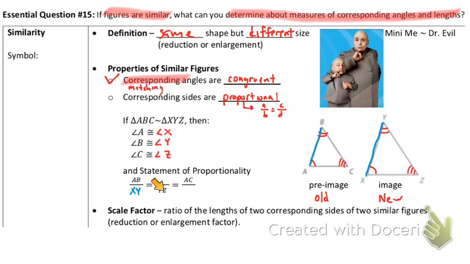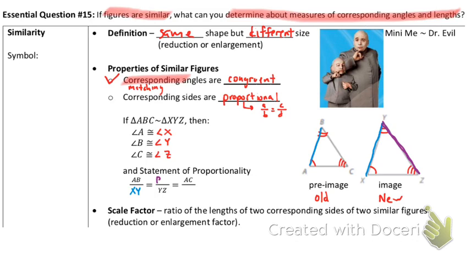So we now know that YZ from the image, or the new guy, matches with, let's look at our statement, YZ matches with BC.